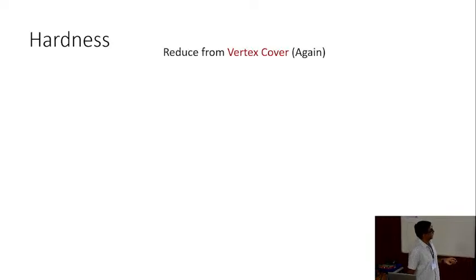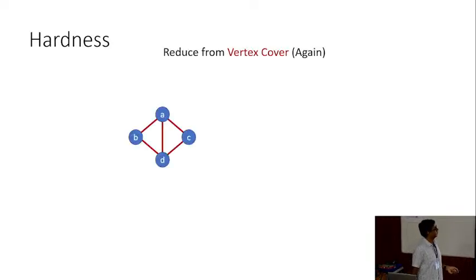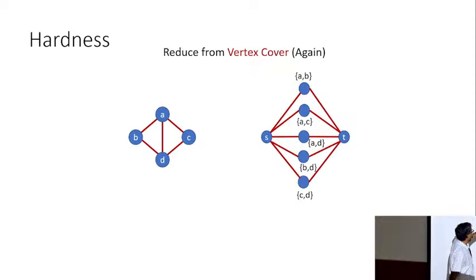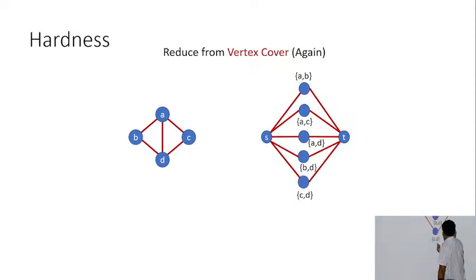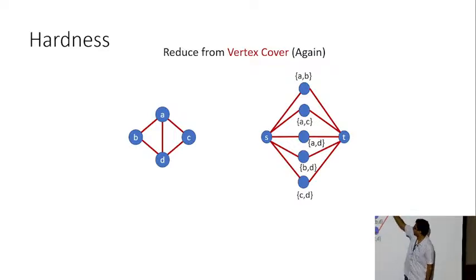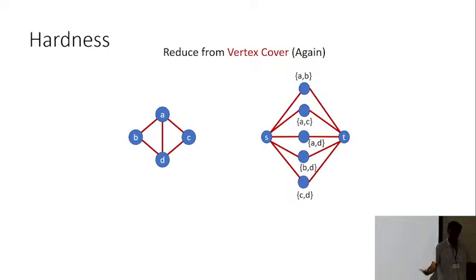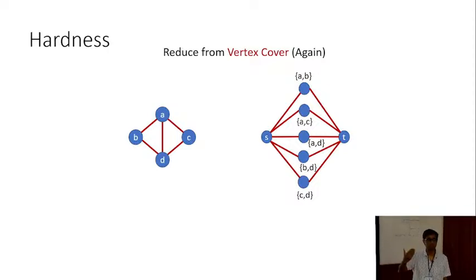For hardness, again you can reduce from vertex cover. You have edges, and the colors you use are just the colors on the edges here. So you will get a similar kind of hardness for the point separation problem, same as what you had for obstacle removal.